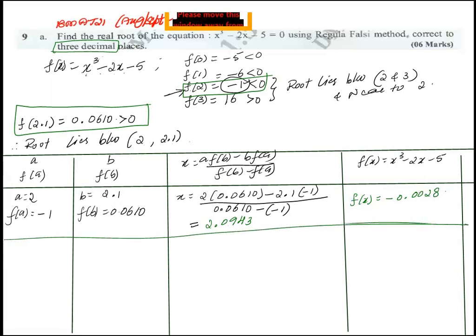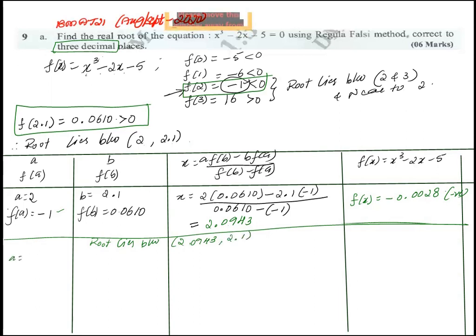Which is negative, so you should change the negative value. So the root lies between a, that is 2.0943, since f of x is negative, so it should change the a value, comma b is 2.1.